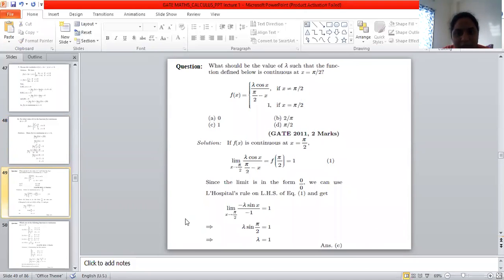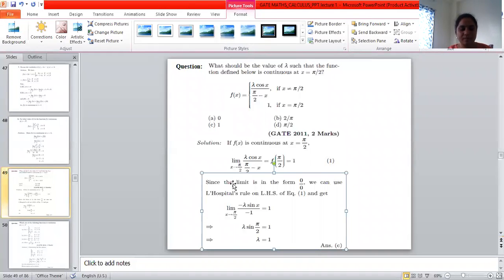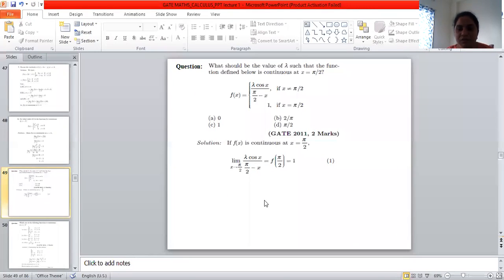Next question is there. What should be the value of lambda such that the function defined below is continuous at x is pi by 2? Write down this question and tell me the answer. Everyone, please note down the question and tell me the answer. Write down function f of x.